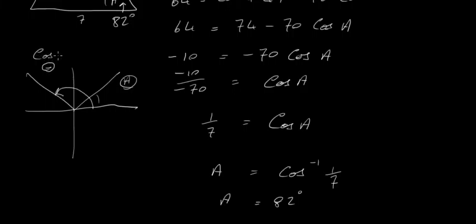So the cos inverse of plus 1/7 only has one value, in other words, for this triangle anyway, and that's 82 degrees. Okay, so that's it for the cosine rule.